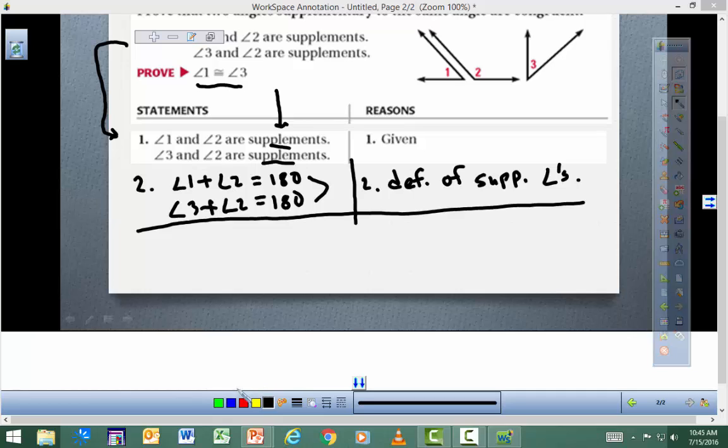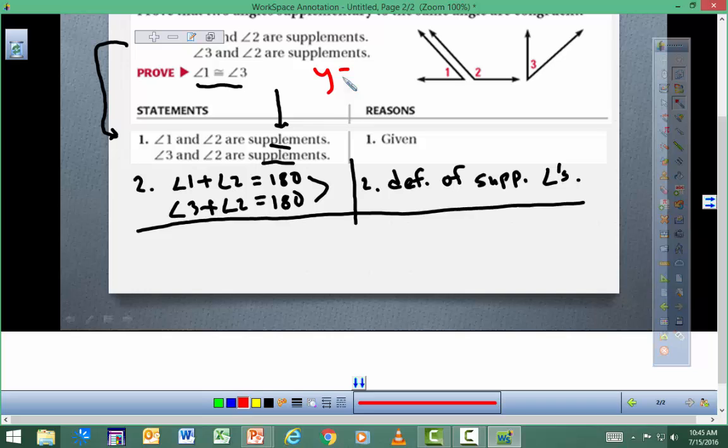So you might remember back when I did that little algebra thing when I said y is equal to y, right? What did I do? I then took that one equation and substituted in for here. I took the other equation and substituted in for here. Well, here's the deal. I have two things that are equal to 180. Okay?